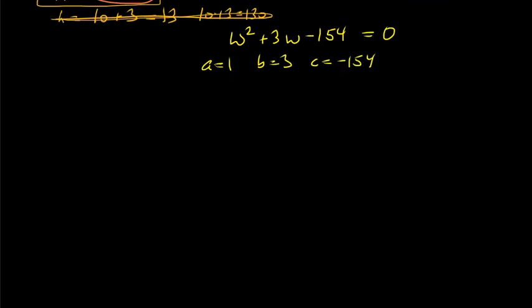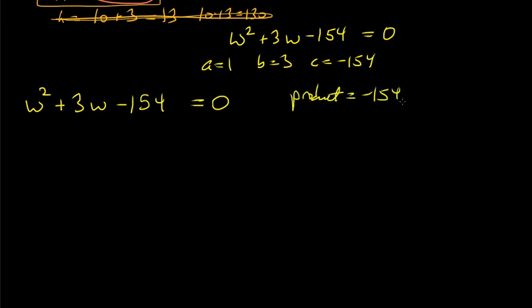So we're looking for two numbers whose product is negative 154, and whose sum has to be b, which in this case is 3. So what two numbers multiply to negative 154 and add to positive 3?